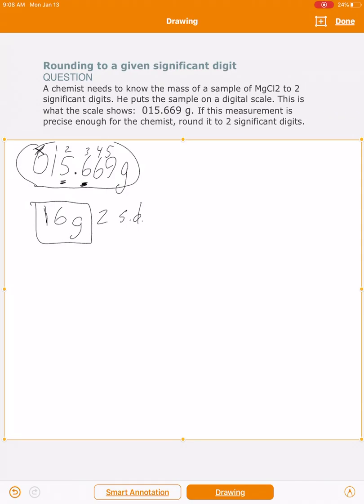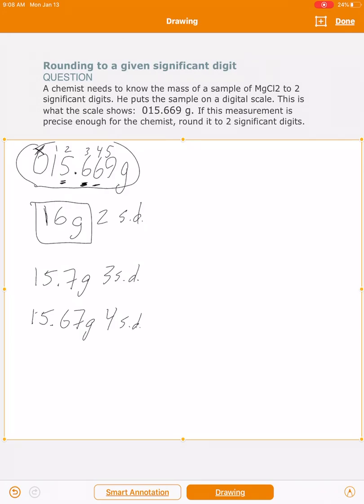So 15.7 would be the reported value if we wanted 3 significant digits. And if we wanted 4 significant digits, the 4th significant digit is right here. Again, the number coming after it is 5 or greater, so it gets rounded up to 7. So 15.67 grams, and that would be 4 significant digits.